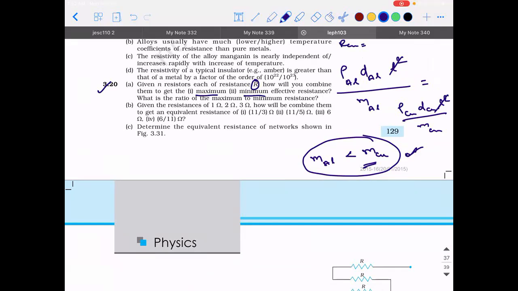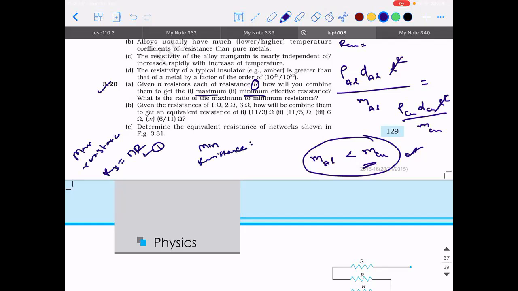So when you connect all the resistors in series, what will be the value of R equivalent? Rs will be equal to N into capital R. That is 1. So when will you get minimum resistance?